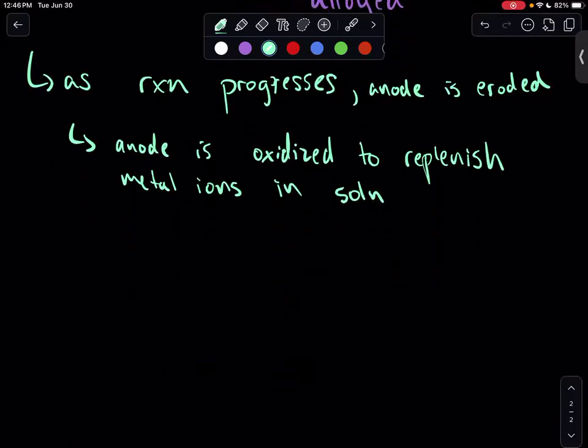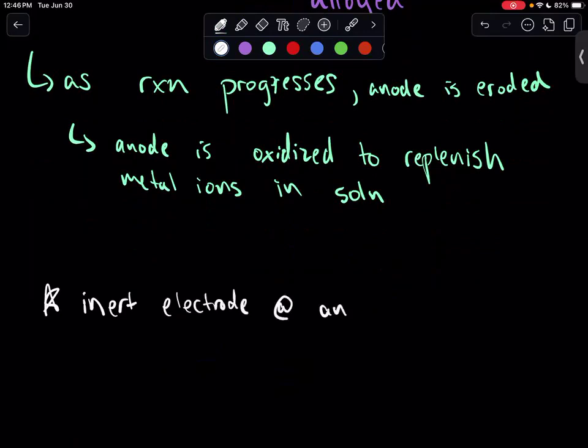Now, one thing just to watch out for is that, remember, we use metal electrodes for this, especially at our anode. But what happens if we use an inert electrode at the anode? Well, now this won't replenish, it won't react.